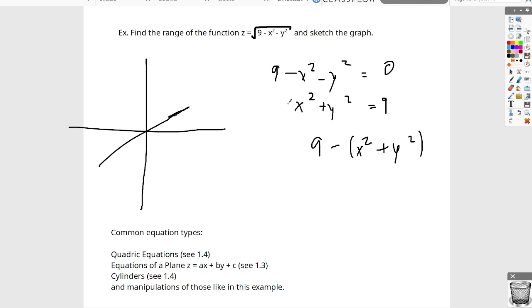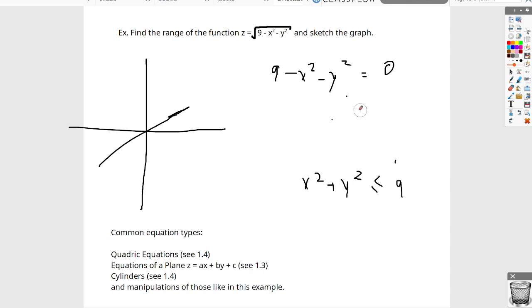So you've got to make sure that it's not greater than 9. So in fact, it's less than or equal to 9, because it can still be 0. Square root of 0 is still 0. So that's totally fine. But x squared plus y squared is less than or equal to 9. It's really the main thing about this function.